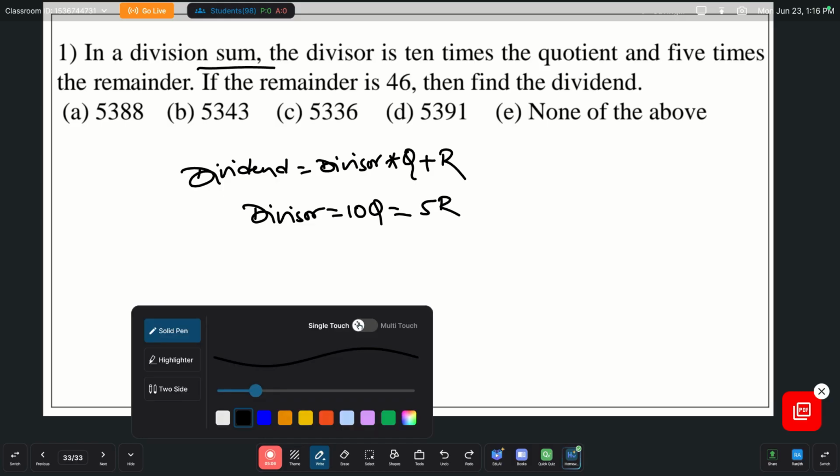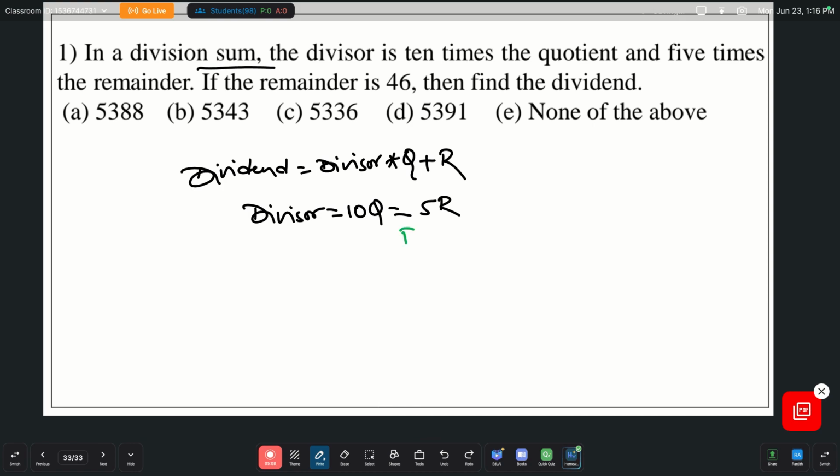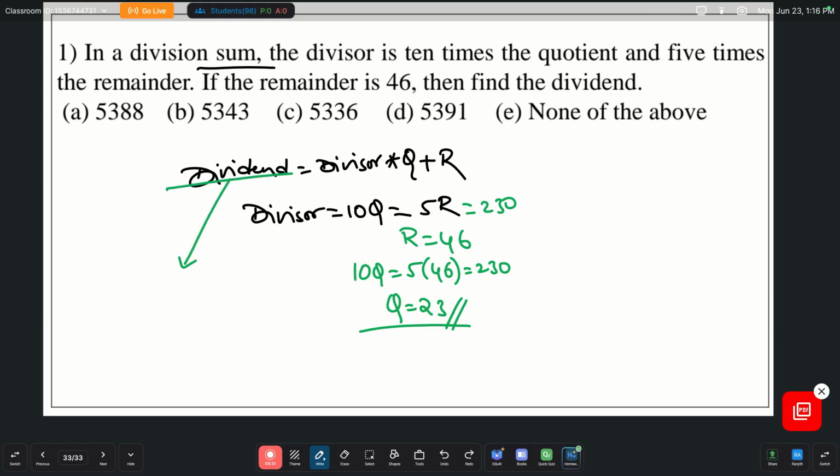What is the remainder we are having? The remainder is given as 46. 10q equals 5 times 46, equal to 230. 10q equals 230, where q equals 23. So divisor equals 230, quotient equals 23, then we need to find the dividend.